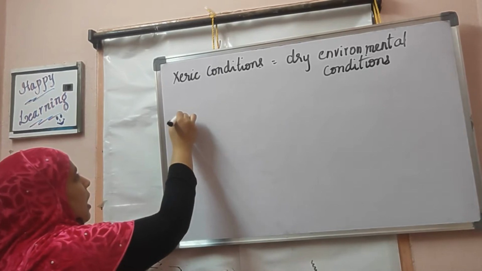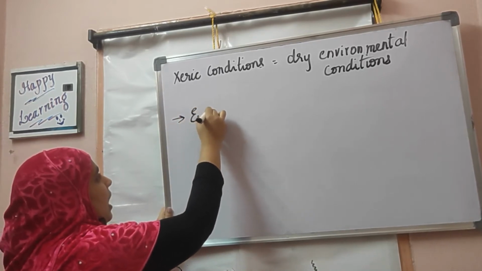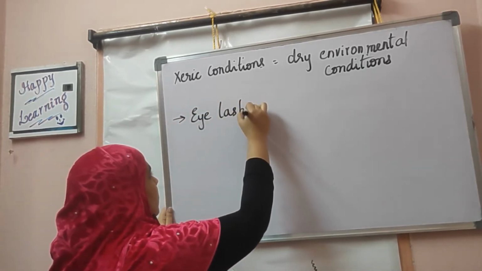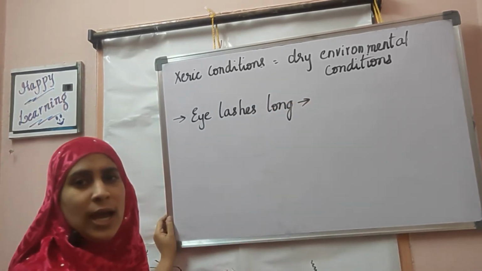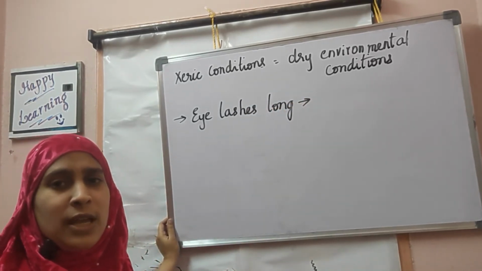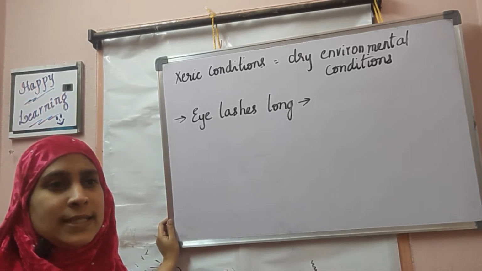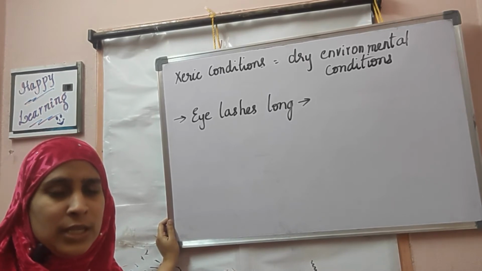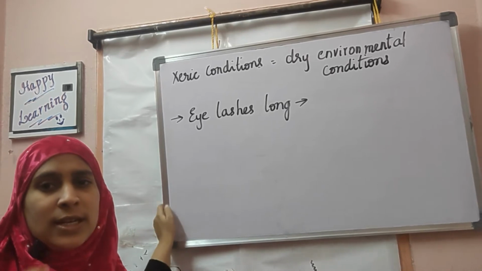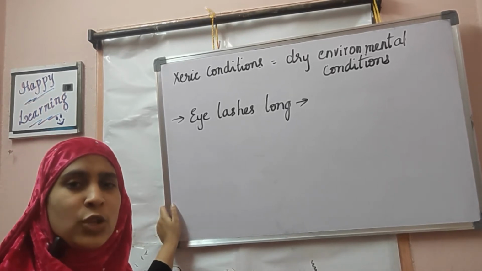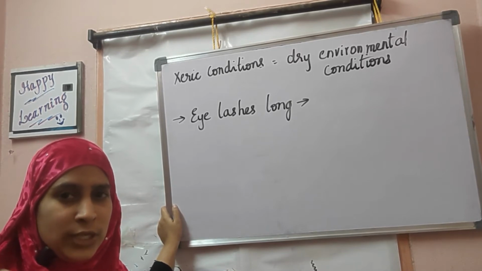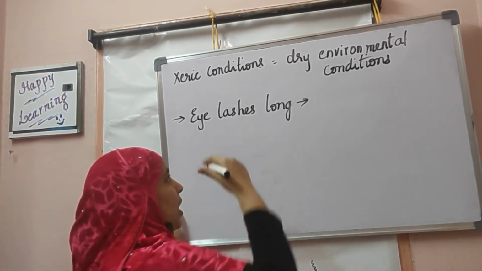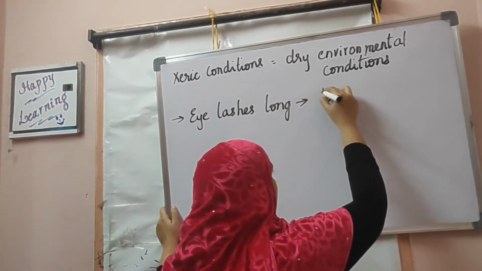Starting from the eyes: eyelashes are long. These long eyelashes prevent the entry of sand. There are regular sand dunes in the desert, and sand usually flies to a great height. To avoid sand entering its eyes, its eyelashes are very long.